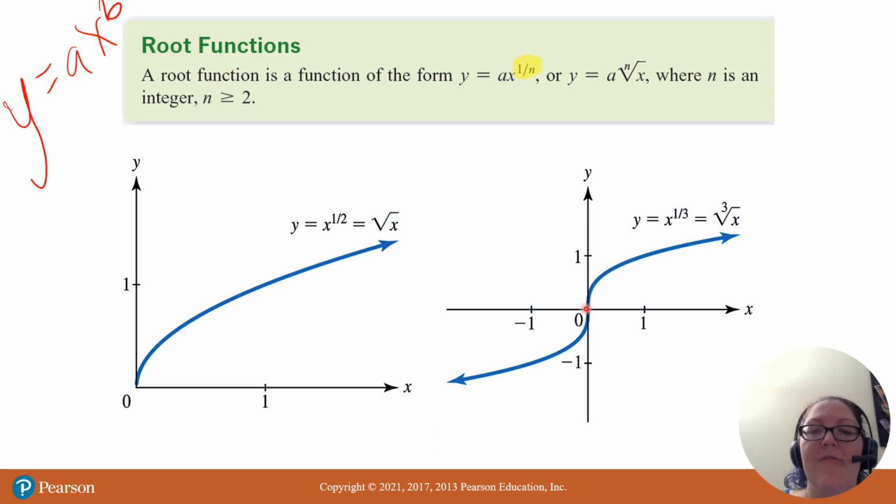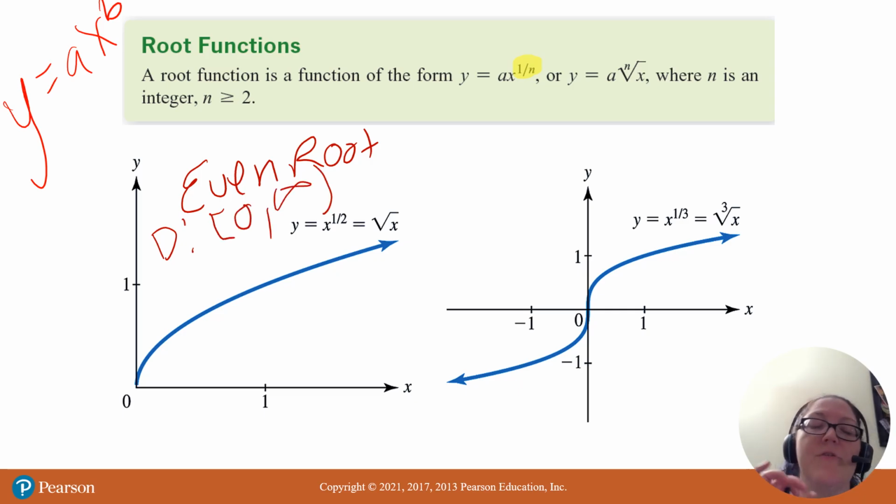Then we have our ones that go forever left and right. So the domain is basically all real numbers. That is a little bit different because of the root. So this is what we call our basic square root function, also known as our even root. And when we look at our even root, it basically has a domain from 0 to positive infinity.